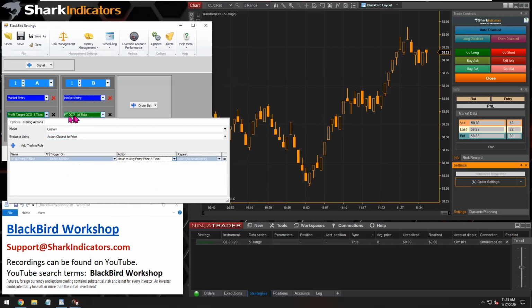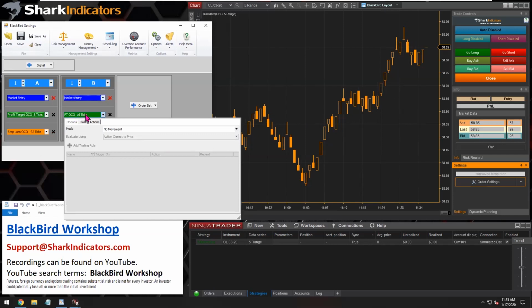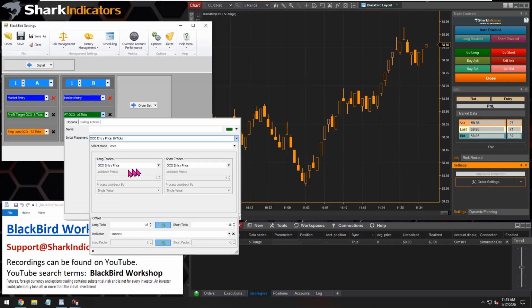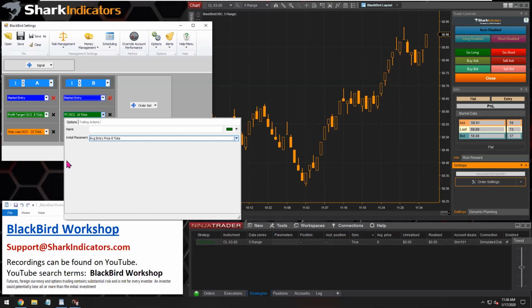And then for the profit target for order B, I'm going to do the same thing. I can go into the initial placement, and instead of using the OCO entry price, I can use the average entry price, and knock this down to 8 ticks, so average entry price and 8 ticks above that.